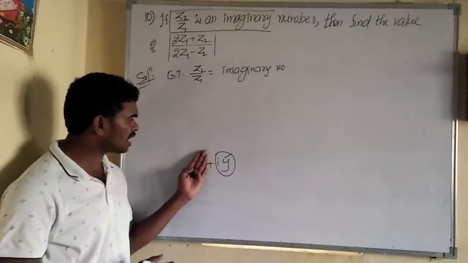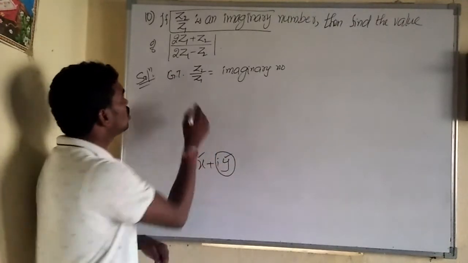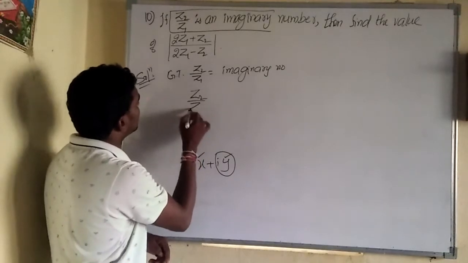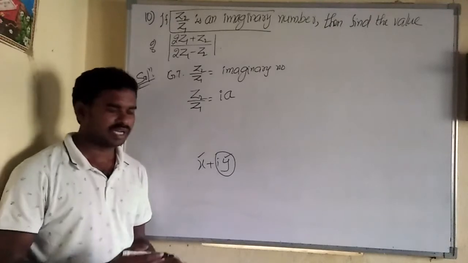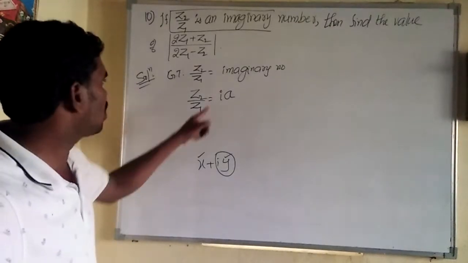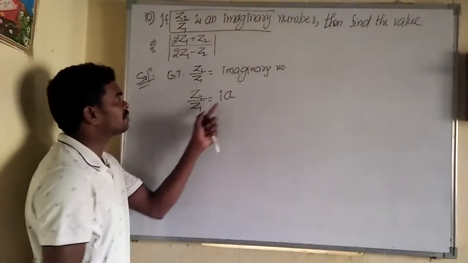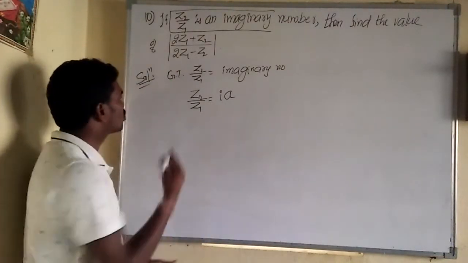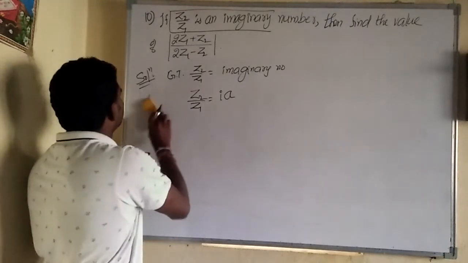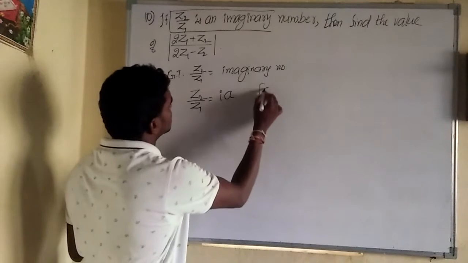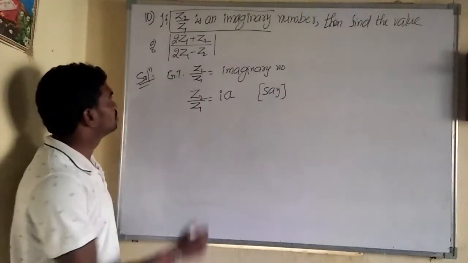If there is no real part, that is called an imaginary number. So the imaginary number can be taken as some i into a. I am not taking any real part, only the imaginary part, i into a. That's it. So, we are assuming this by the given condition.